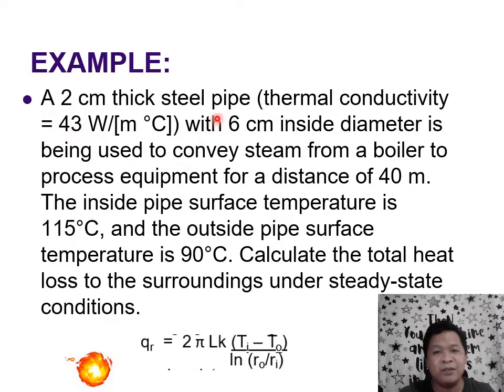Right? So therefore, the outside diameter is thus 10 cm, and therefore the outside radius is thus 5 centimeters. So Ro is 0.05 meters and Ri is 0.03 meters. Alright, so yun yung givens ninyo.